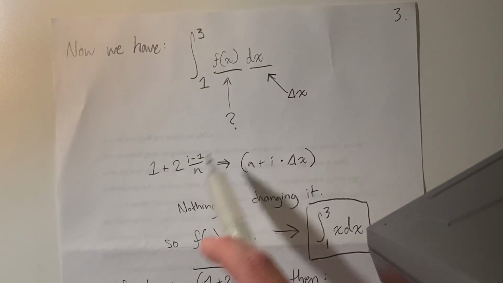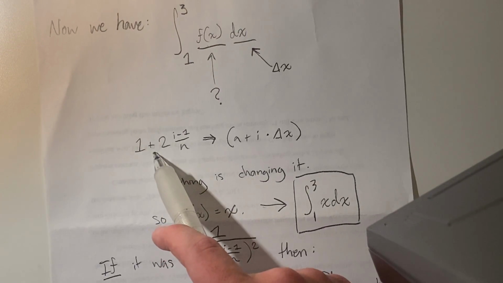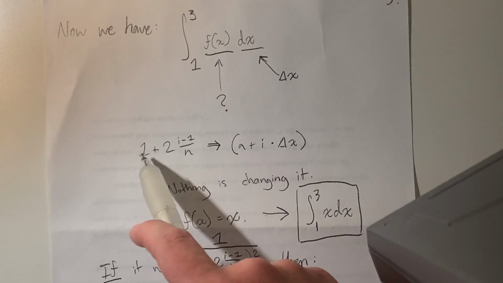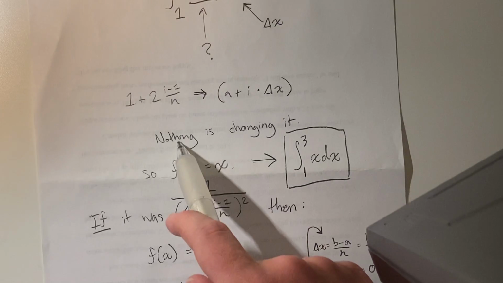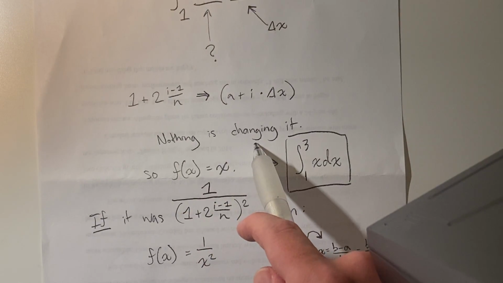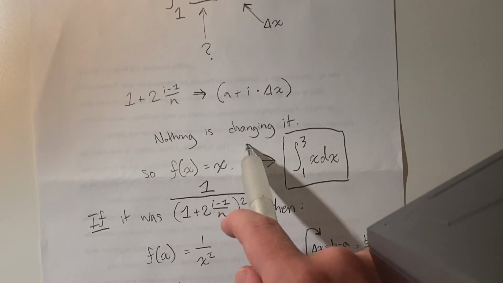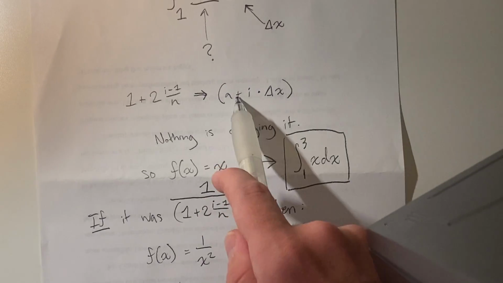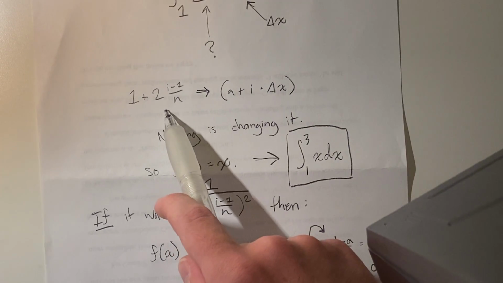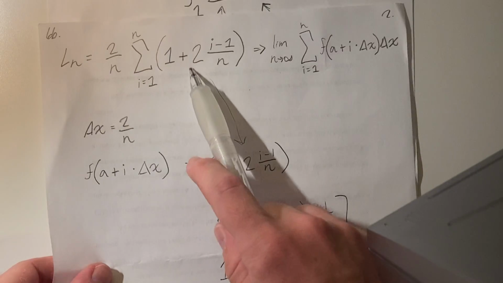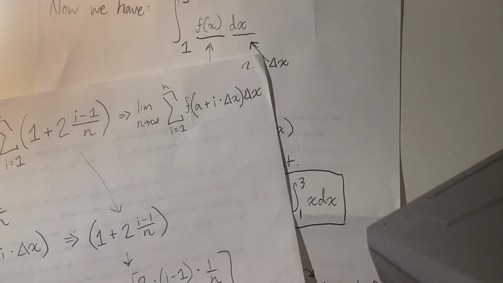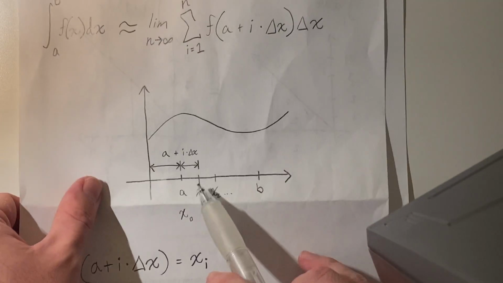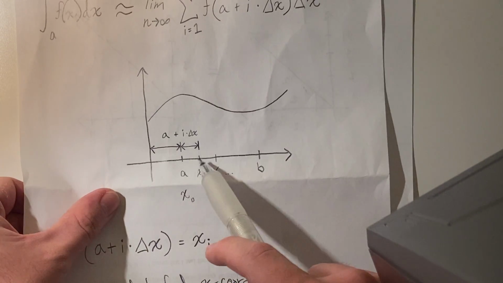Confused me, at least. So we go back to this equation at the start that we're given, 1 plus (2i minus 1) over n, it's the a plus i. And in the end, this is the hard part to describe, but nothing is changing it. We're given this, this is the start of our thing, and this whole equation is just giving us this x coordinate right here.